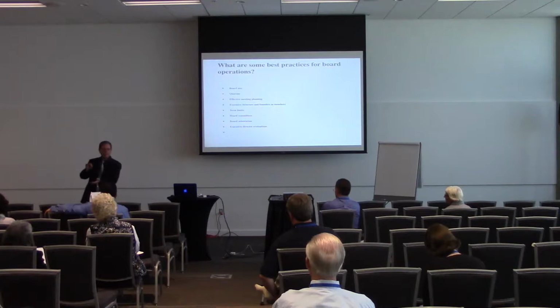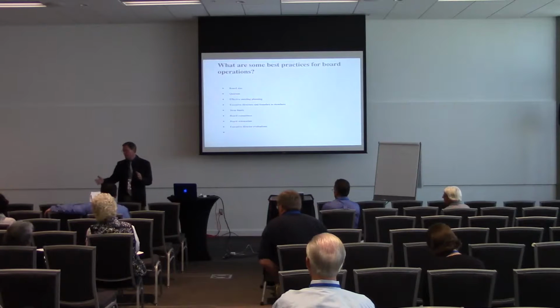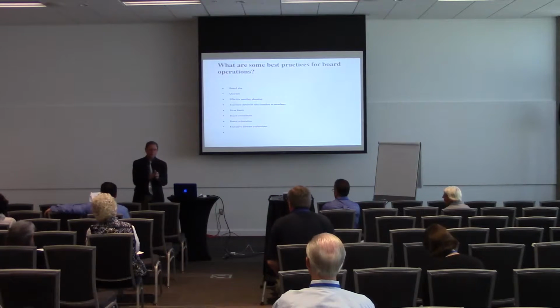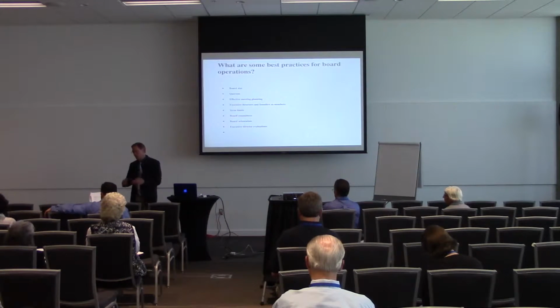And the next year, 5 more members' terms expire. So we have 1/3, 1/3, 1/3. 5 members expire each year. And they're either reelected or replaced on rotating terms like that. So you always have only 1/3 of your board expiring in any given year. Okay? And that's just the way that we do it. I'm not saying everybody has to do it that way, but that's the way we do it.